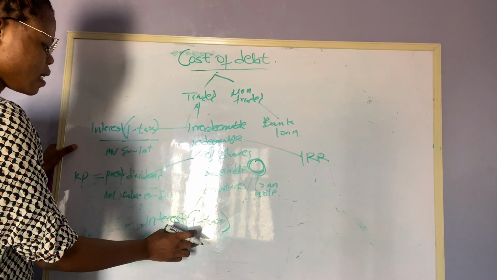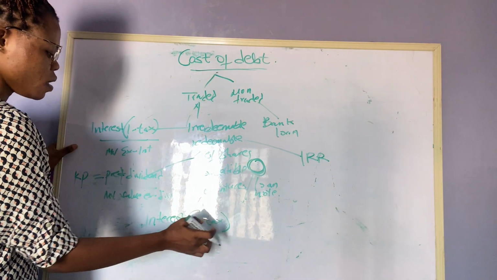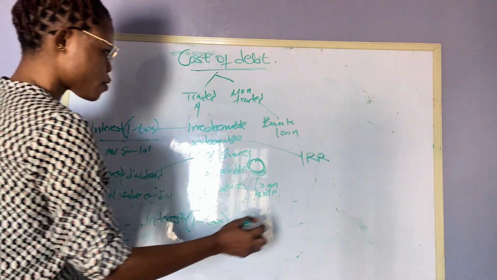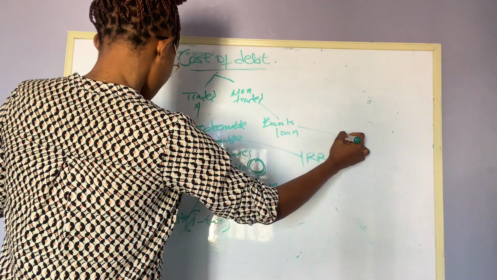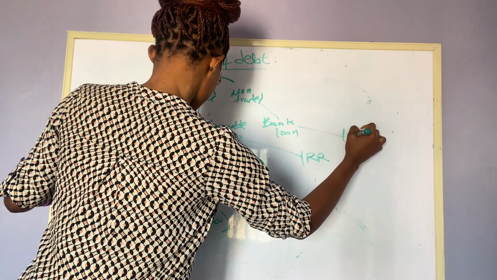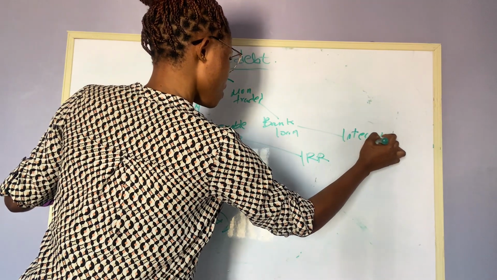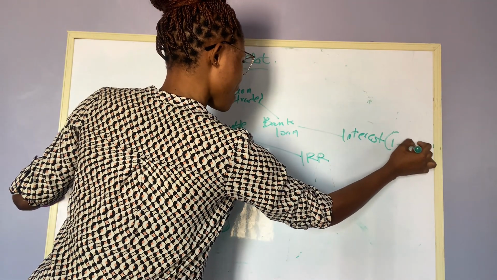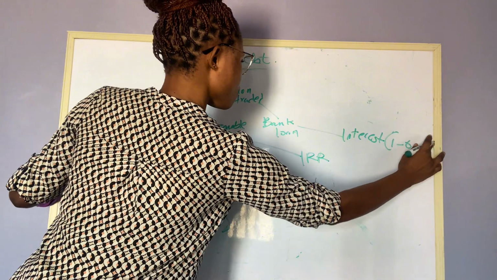This same formula applies to this, which is also interest times one minus tax rate.